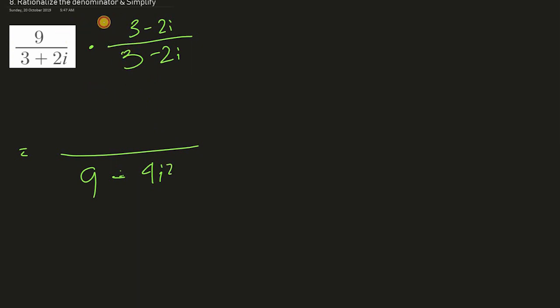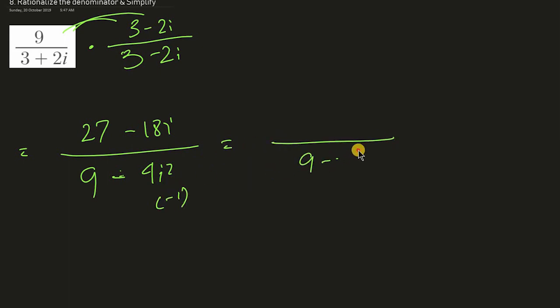Sa taas niyan, distribute natin itong 9 sa dalawa. So, 3 times 9 is 27. 9 times negative 2i is negative 18i. So, simplifying that, we know that i squared, guys, is negative 1. So, that's 9 minus negative 4. This is 27 minus 18i. Okay.